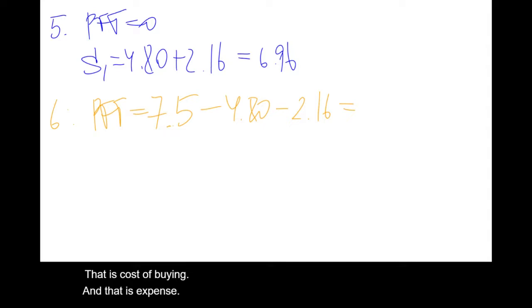So let's see. Actually, yeah. So 7.50 minus 6.96, 54 cents. That's the profit when we sell a bag for 7.50. Any questions, guys?